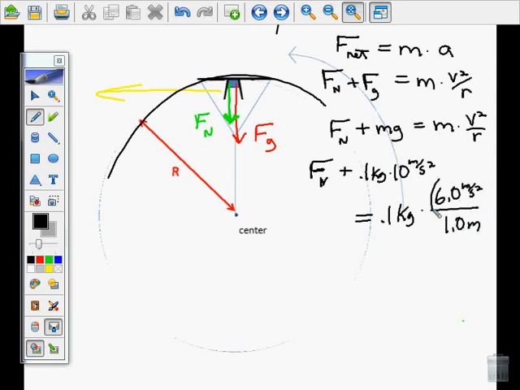Oops, forgot that square there. Okay, and now when I solve that for the normal force, Julie? 2.6 newtons.